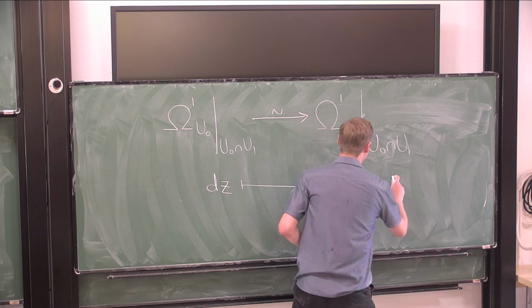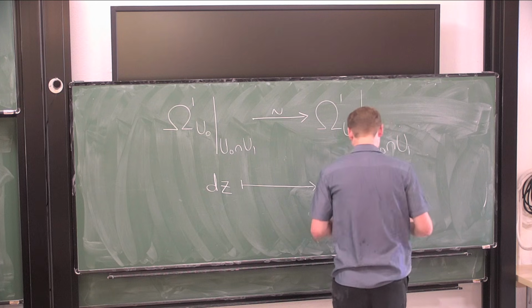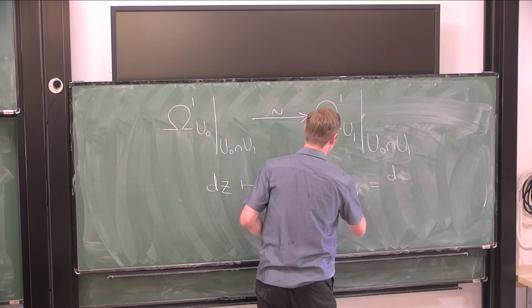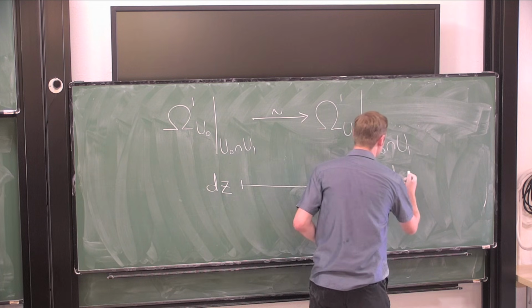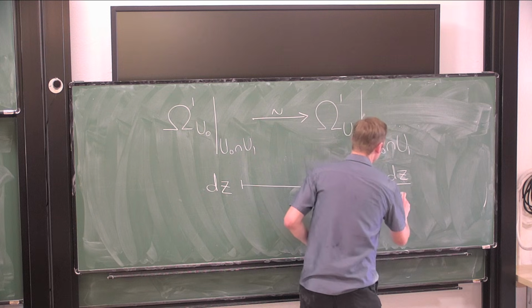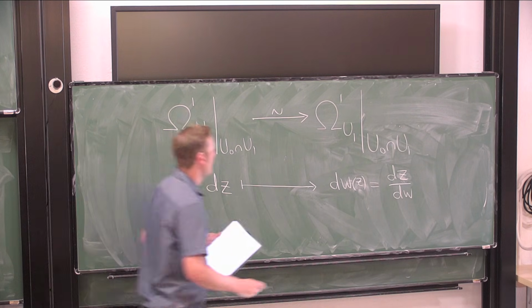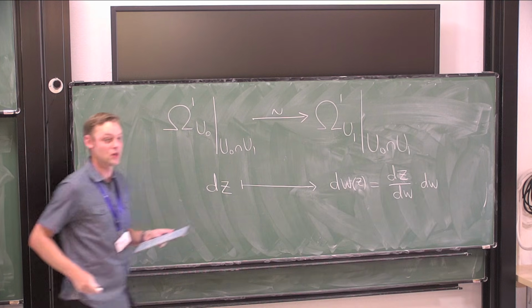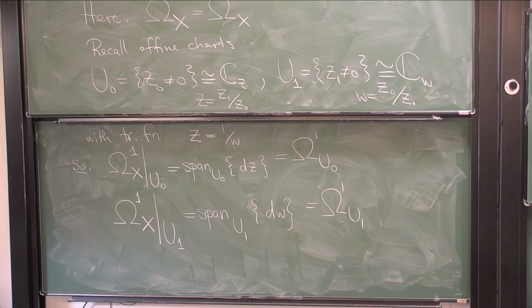It just means that I need to compute the derivative of z with respect to w, and that's the coefficient in front of the basis vector dw. So that's how this change of variables goes.